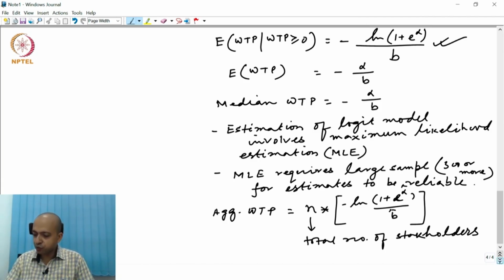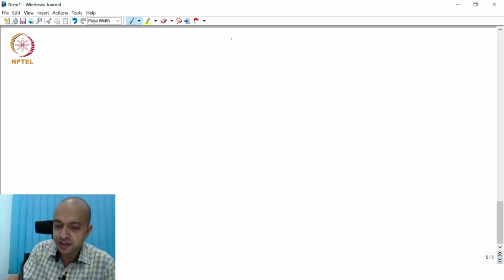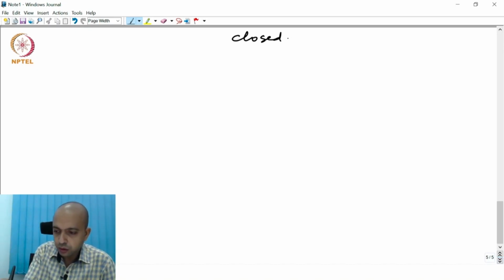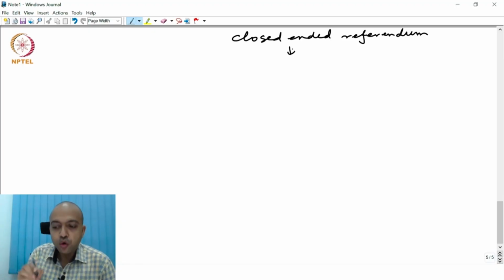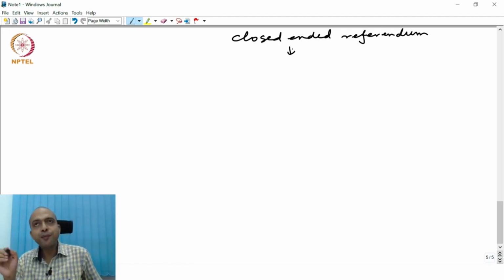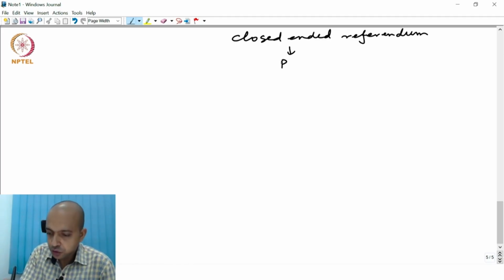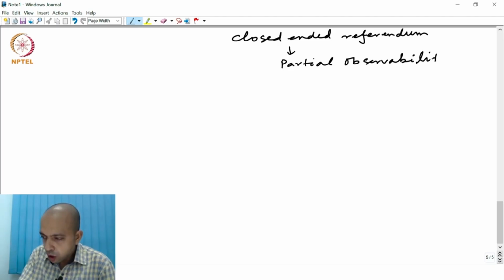Now we have estimated this model using the closed-ended referendum, as I said earlier. And in this closed-ended referendum, what is the problem? We have a problem of partial observability. Why the partial observability problem?